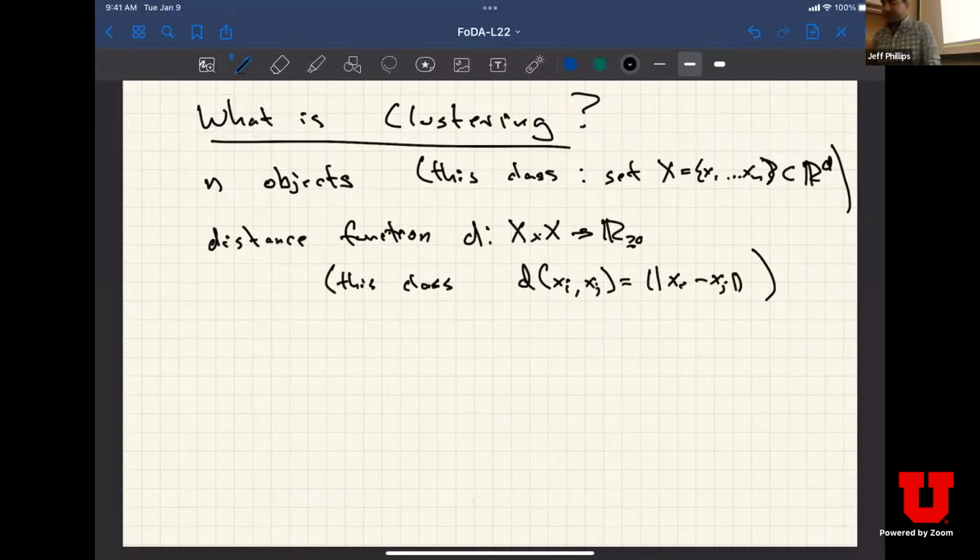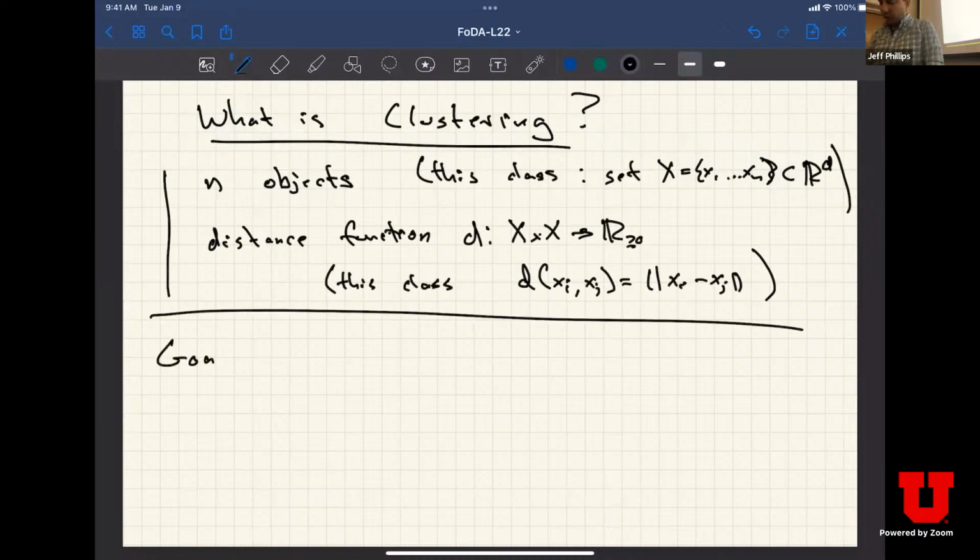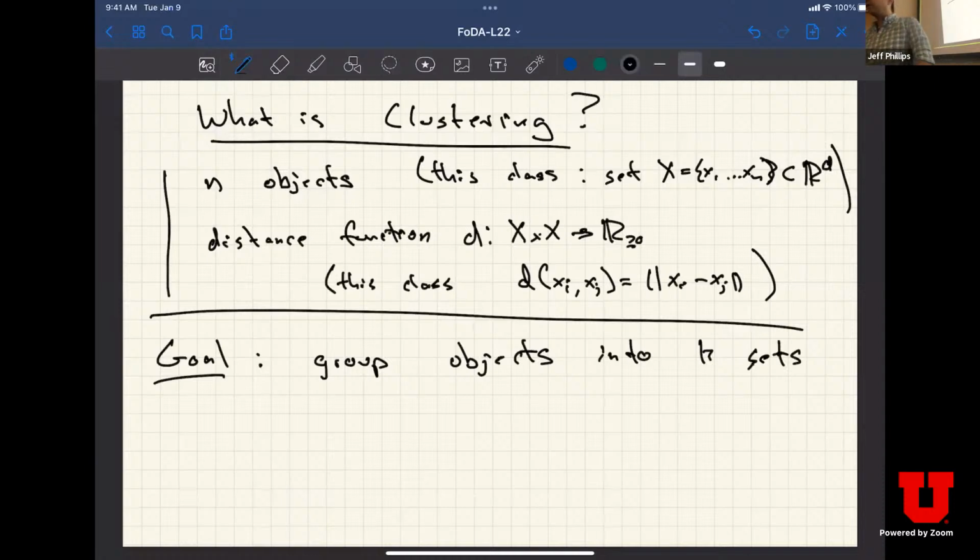So this is the input, and the goal is to group the objects into k sets.